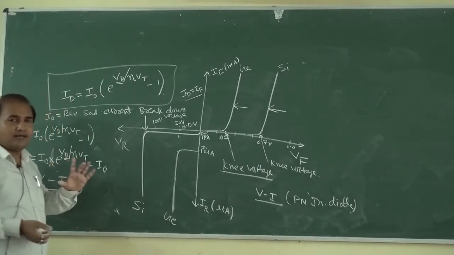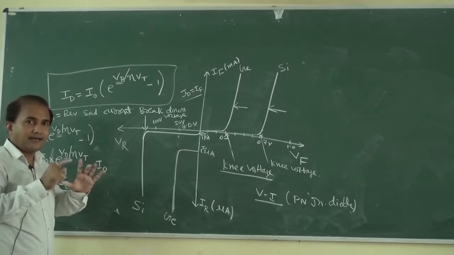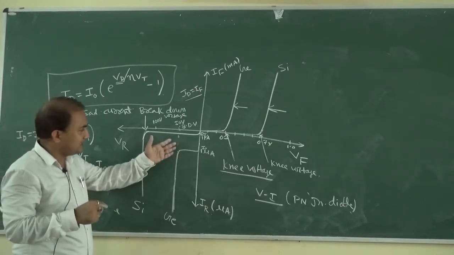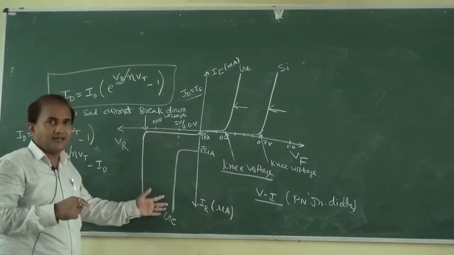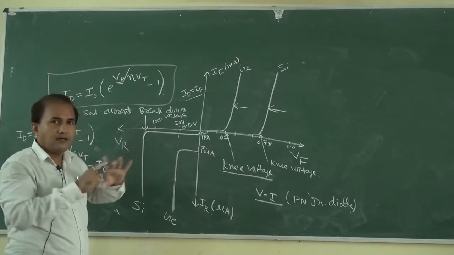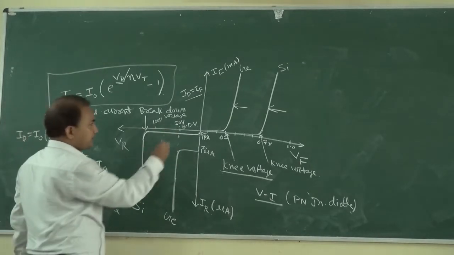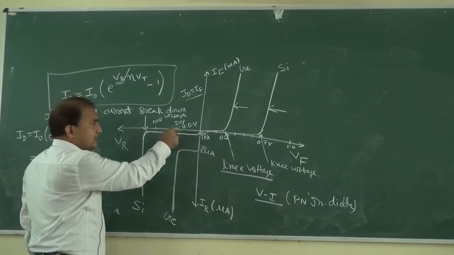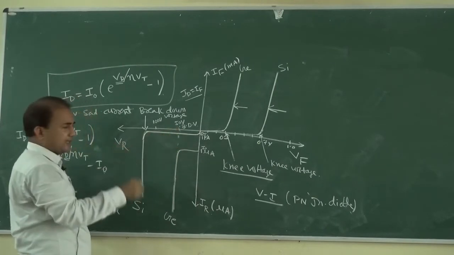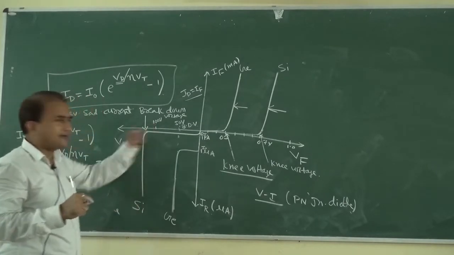Breakdown voltage is that reverse bias voltage at which the reverse current starts increasing tremendously. At this voltage the diode may get damaged, so we must not apply this much reverse bias voltage, because the diode may be completely damaged.